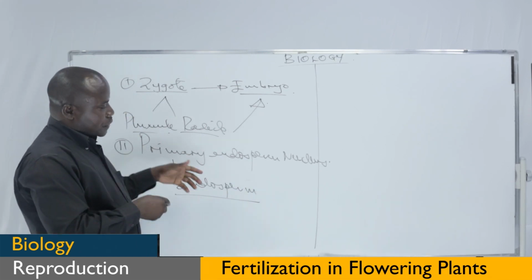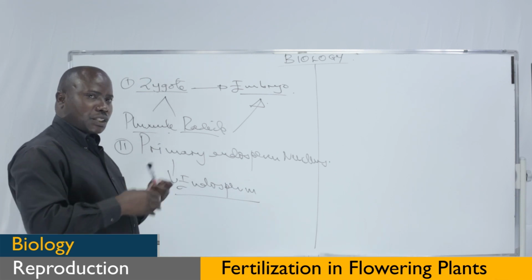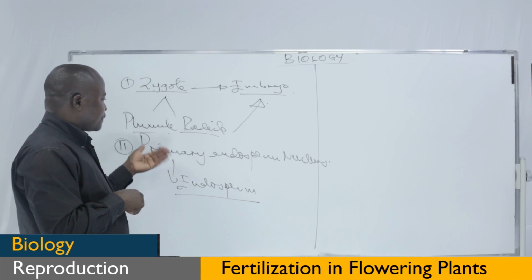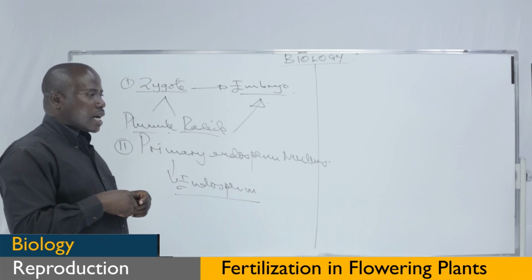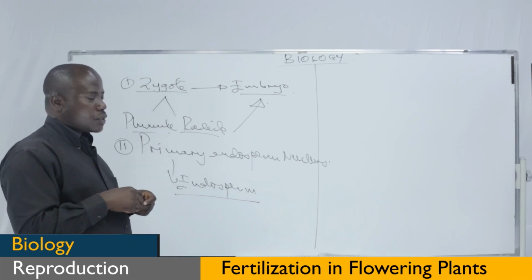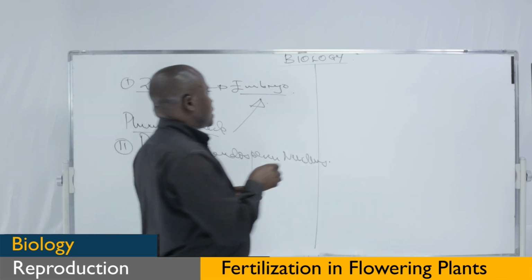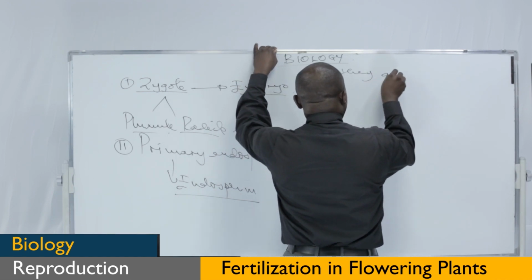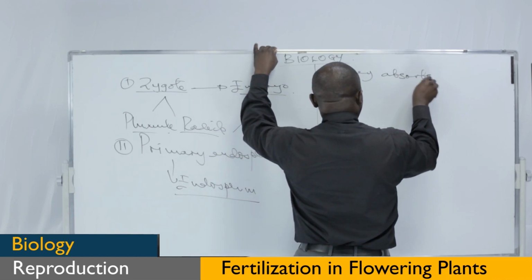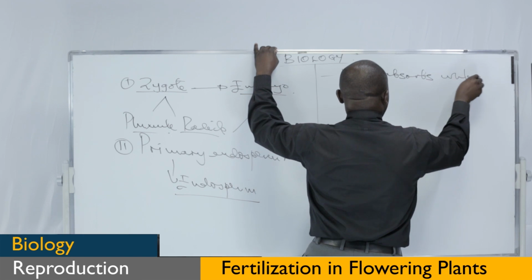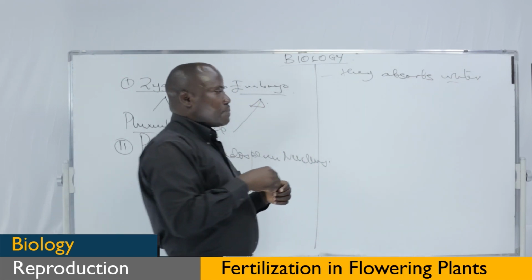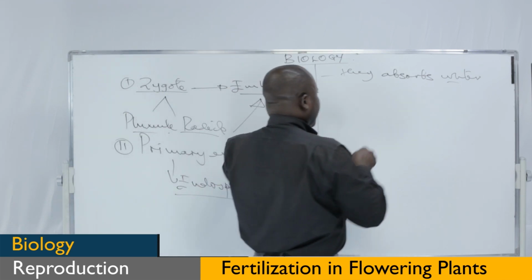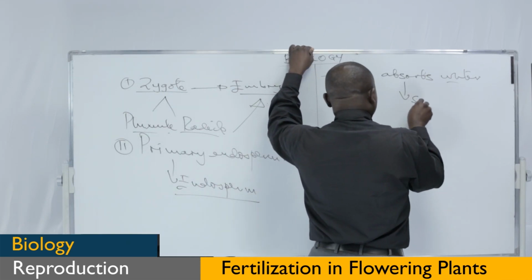To form the endosperm, there are a series of developments. It means the cells forming the endosperm also undergo some sort of changes in which they absorb water from the parent plant body. This water enables the cell to swell.